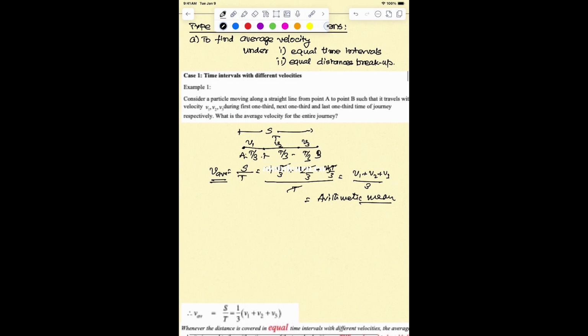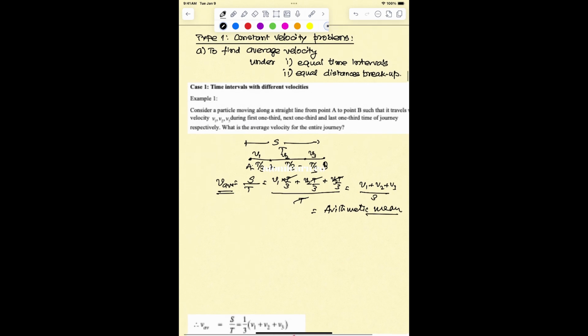Now, if the question is slightly changed: this A to B is a journey, and for the first 1/3 of the time you're traveling with the velocity V1, and the balance time, 2T by 3, that is 2/3 of the total time, traveling with the velocity V2. Then what is the answer for V average?